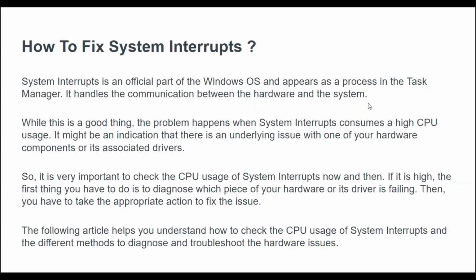How to fix system interrupts? System interrupts is an official part of the Windows operating system and appears as a process in the Task Manager. It handles the communication between the hardware and the system. While this is a good thing, the problem happens when system interrupts consumes high CPU usage. It might be an indication that there is an underlying issue with one of your hardware components or its associated drivers.